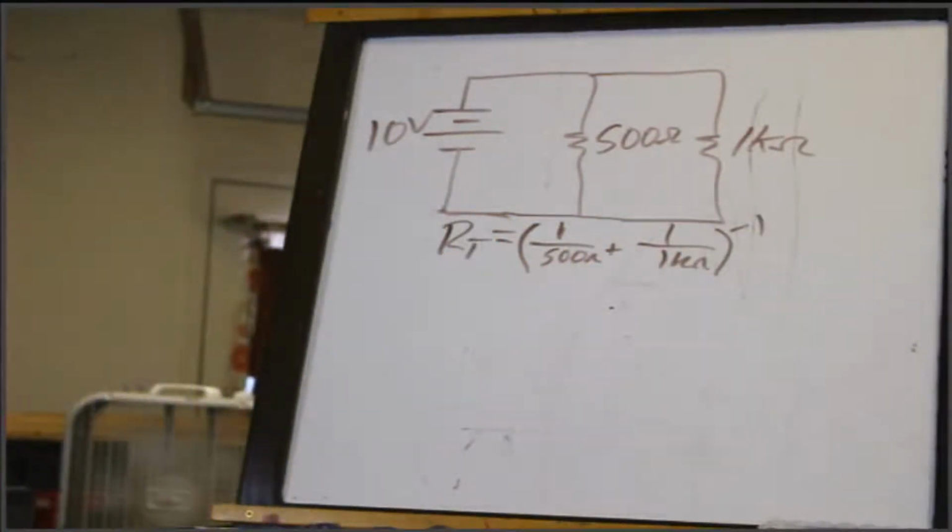Okay, I'm going to go ahead and punch this into my calculator too. How about this? So 1 divided by, I have open parentheses, 1 divided by 500 plus 1 divided by 1E3, end parentheses, caret to the -1.